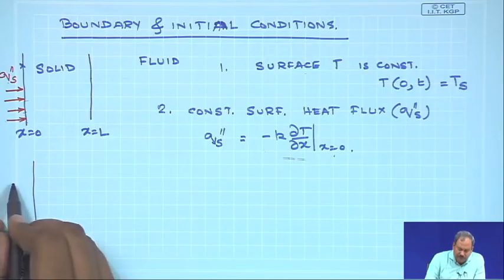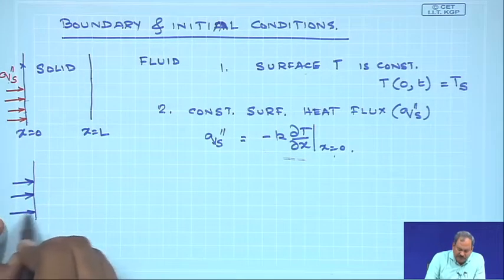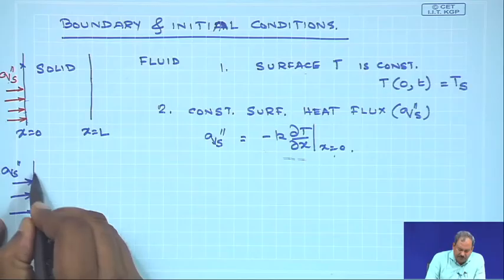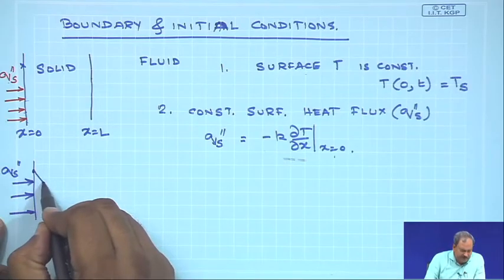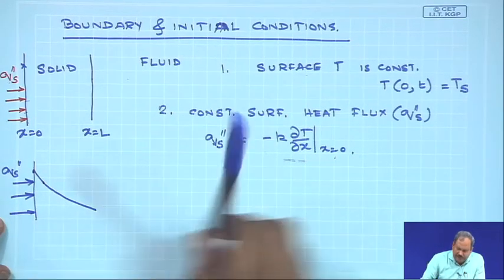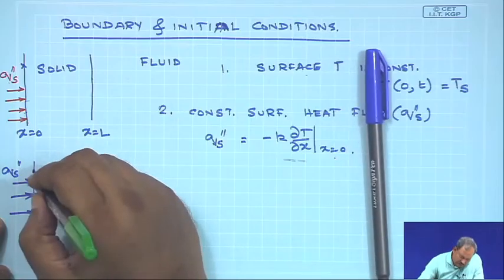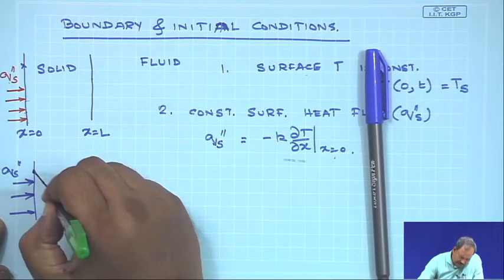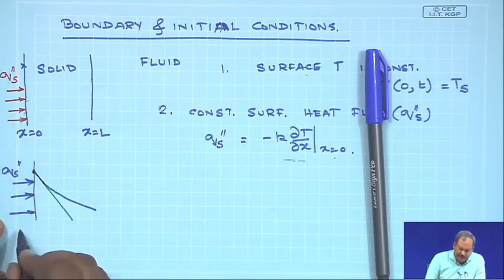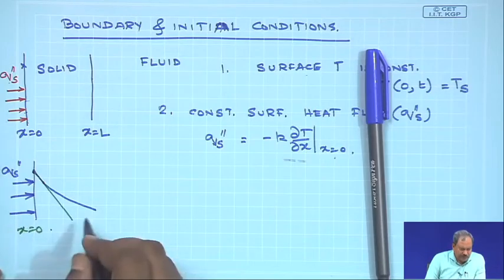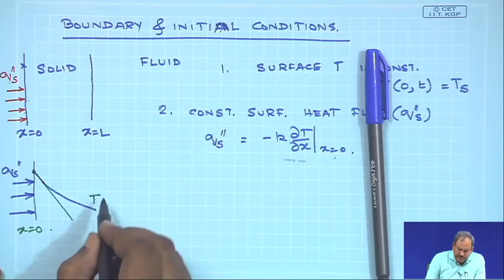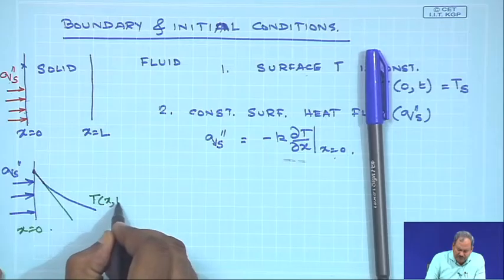So, how would it look? Let us say this is my Q S double prime, this is the temperature profile, and I draw a tangent to this at x equals 0. This temperature could be a function of x and time.